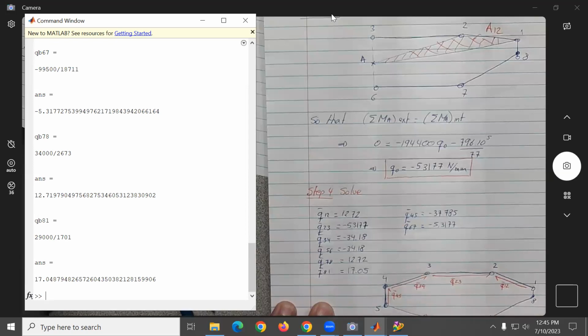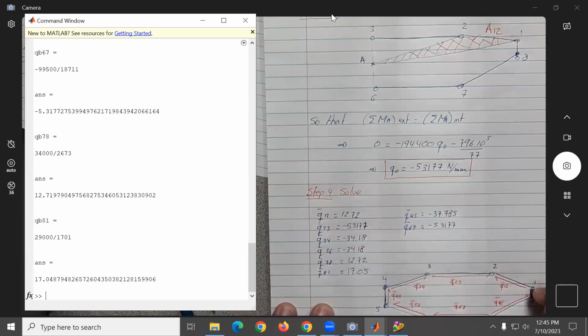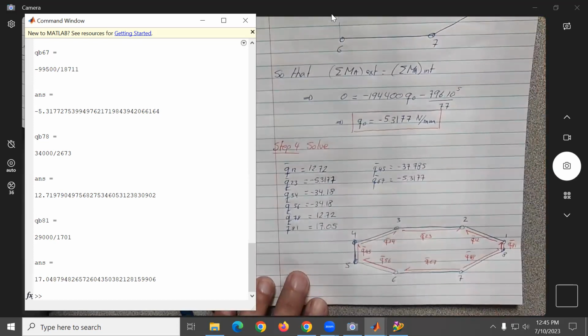Q56 is also negative. Q67 also negative. Q78 is positive. And Q81 is also positive. I don't know if you see enough, sorry for that, but write it on the figure.